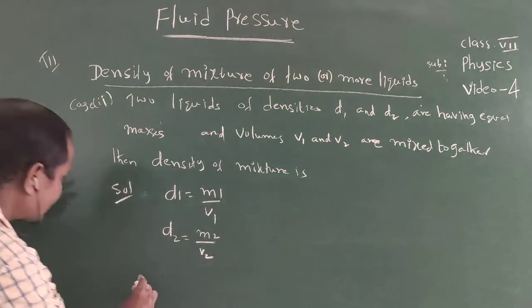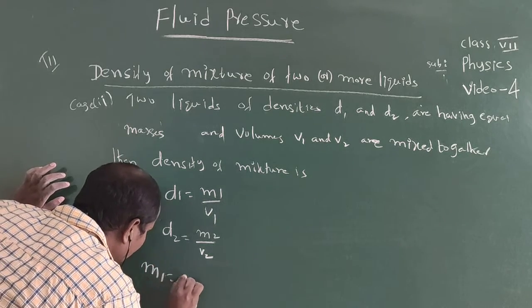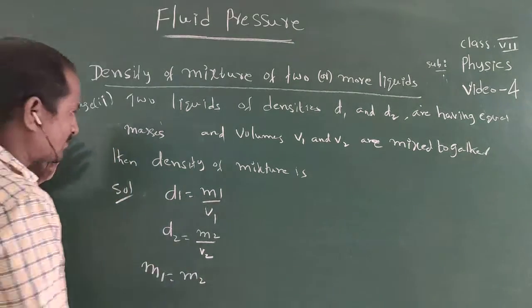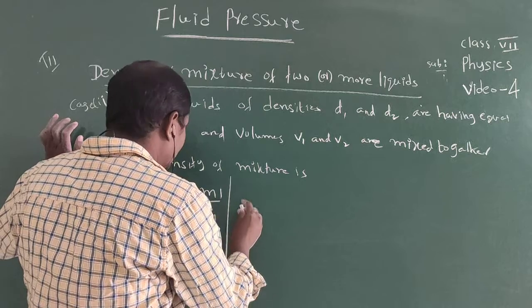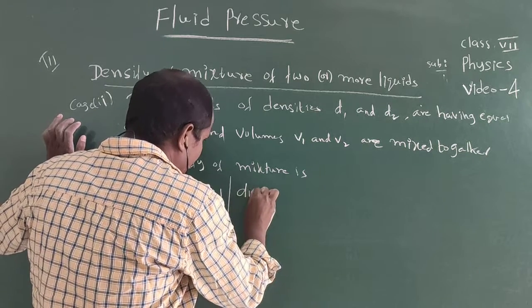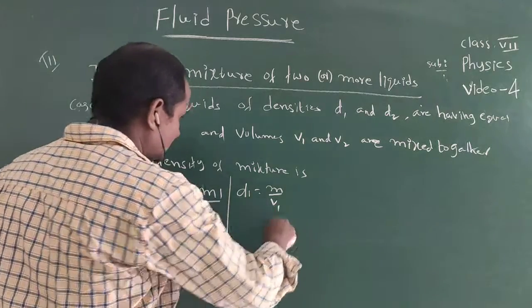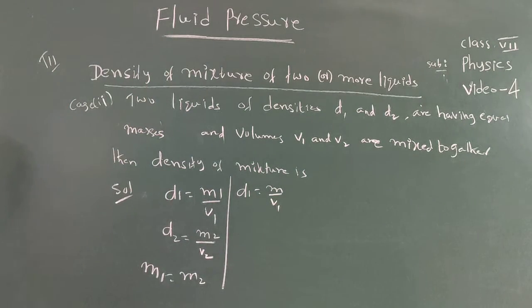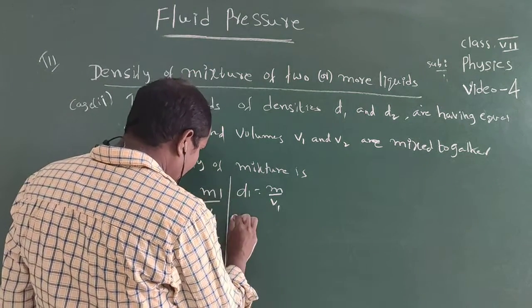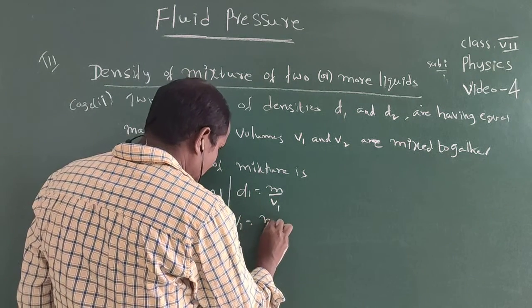What is the given condition here? Here m1 is equal to m2. Then d1 equal to m by v1. Therefore v1 equal to m by d1.